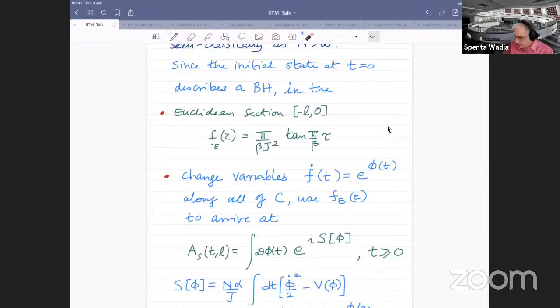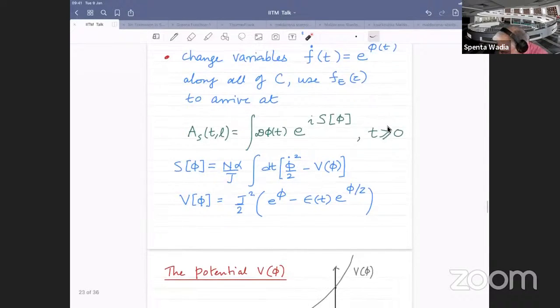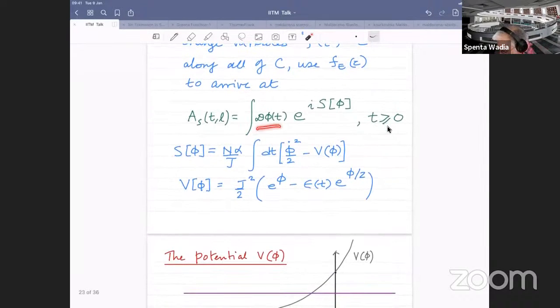Now we make a change of variables because the integration over f is rather complicated because it has this measure of the diffeomorphism modded by SL(2,R). But with this particular change of variables, which was done by various people, this is a flat measure path integral.